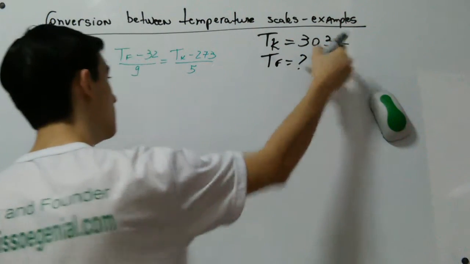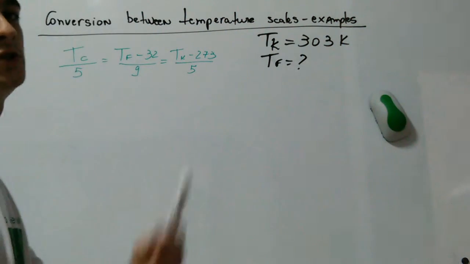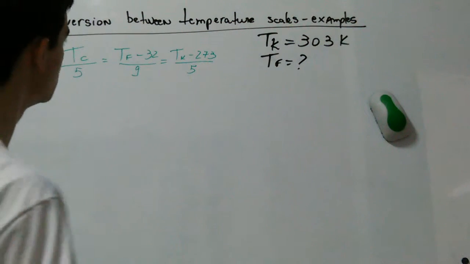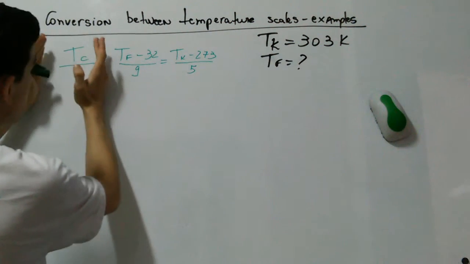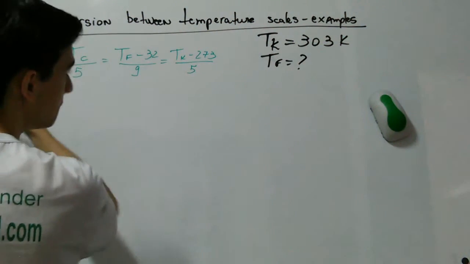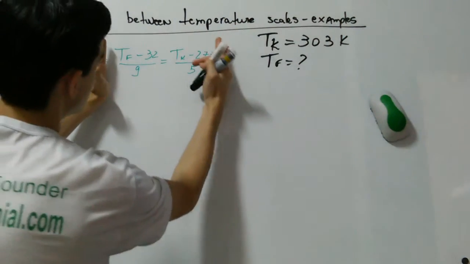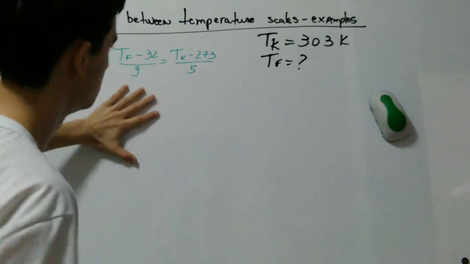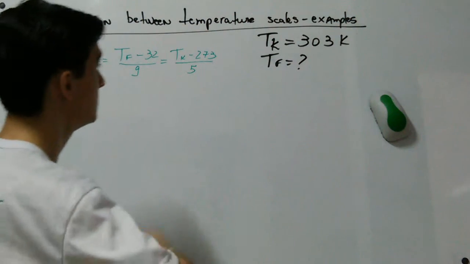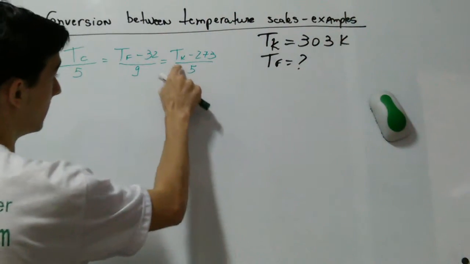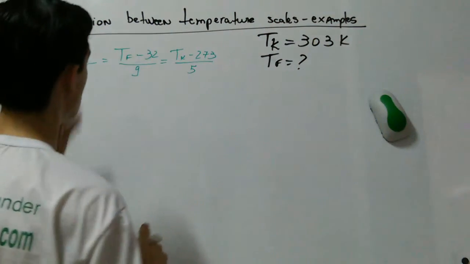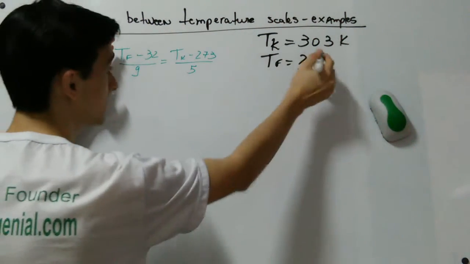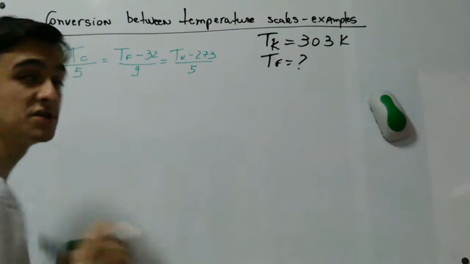You want to convert this number from the Kelvin to the Fahrenheit scale. So we do not have to worry about the Tc right here. We can forget this side of the equation. We are just going to use this part of the equation. So as I said, you have Tk. You want to know Tf. So just plug this number into Tk and solve the equation for Tf.